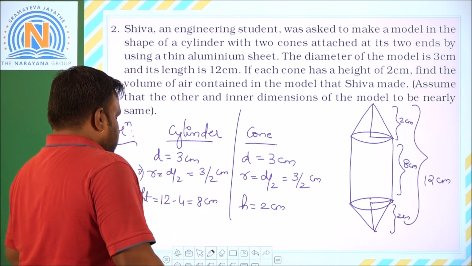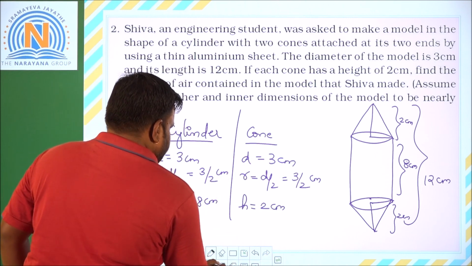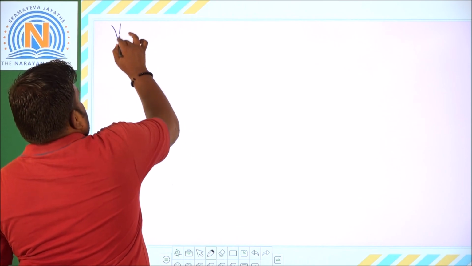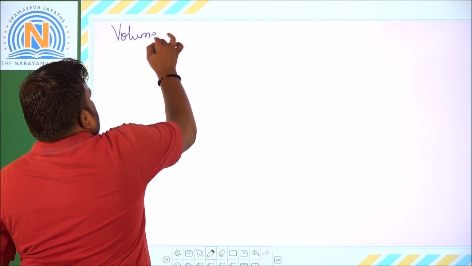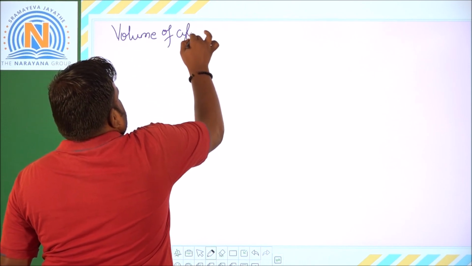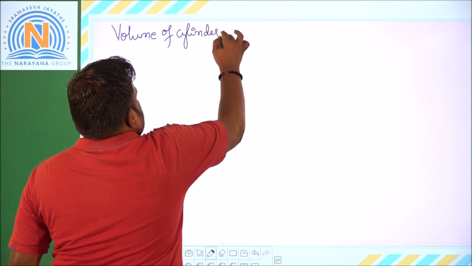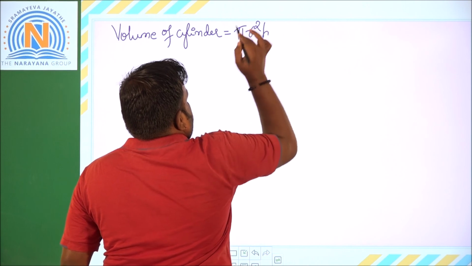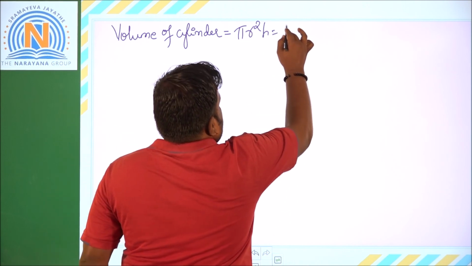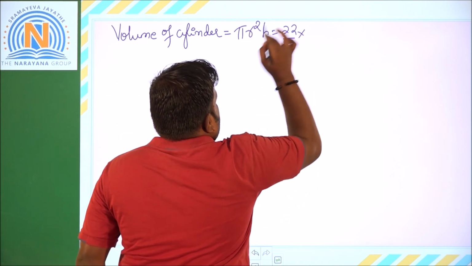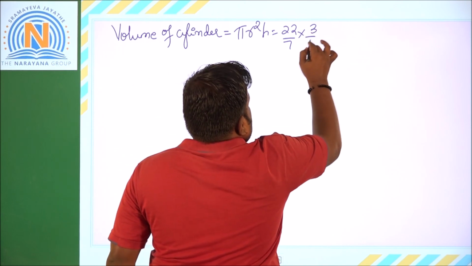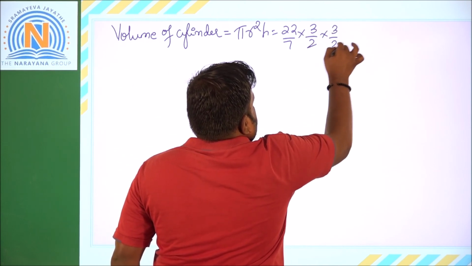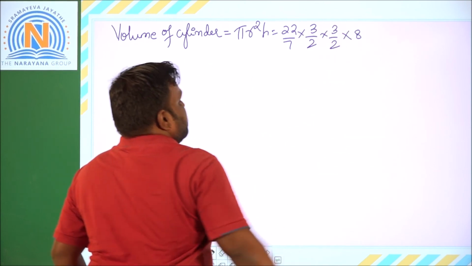So first let us find out the volume of cylinder. Volume of cylinder is equal to, we are having the formula as pi r square h, that is 22 by 7 into r is 3 by 2 into 3 by 2 into 8, height of the cylindrical part.